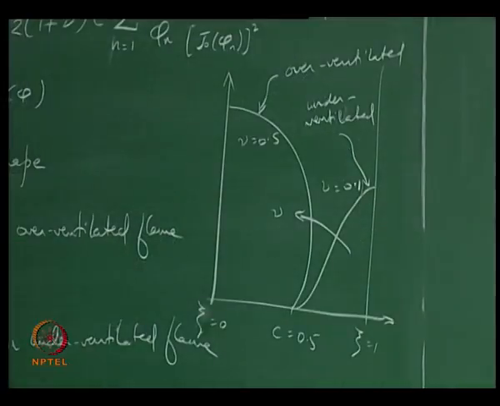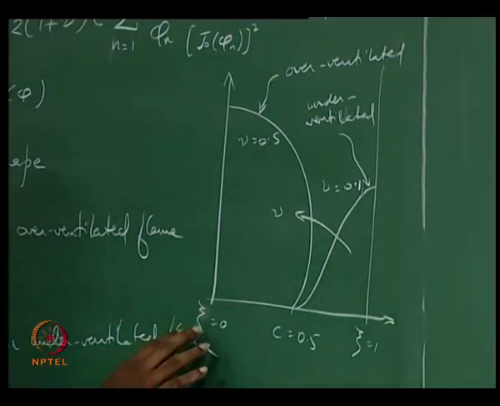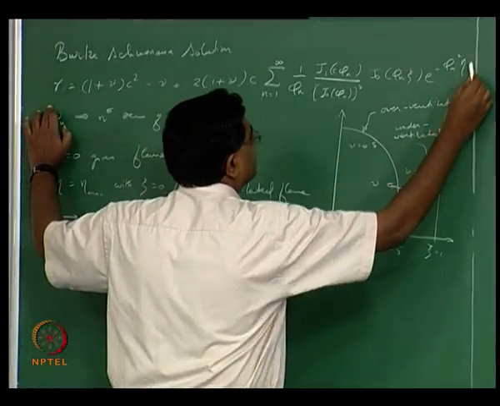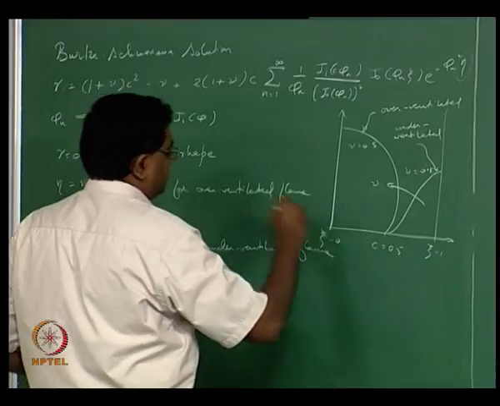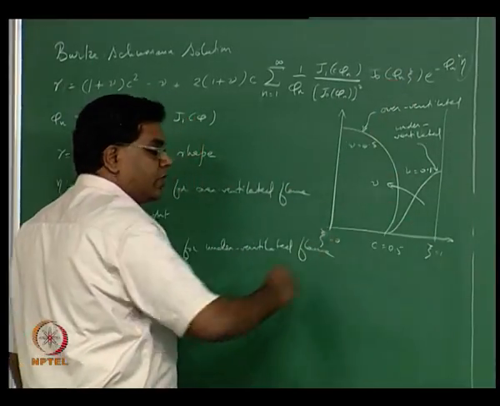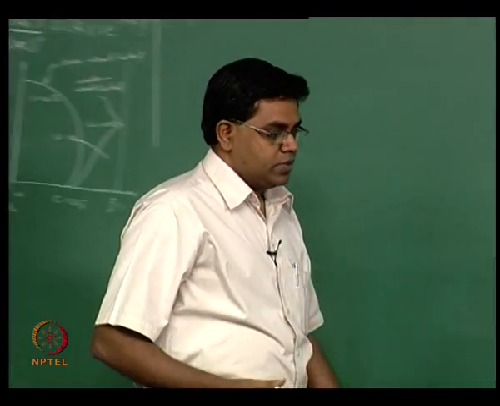So depending upon whether it is underventilated or overventilated, you need to evaluate this expression setting gamma equal to 0 for the eta, alright. Now plugging in psi equal to either 0 or 1, right. So with this you can get the flame shape.